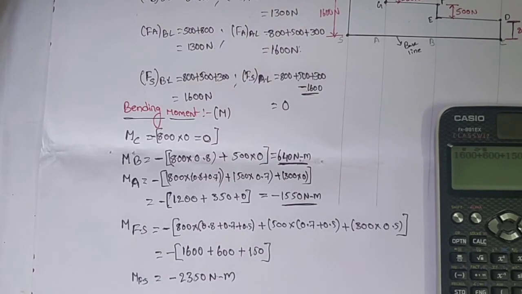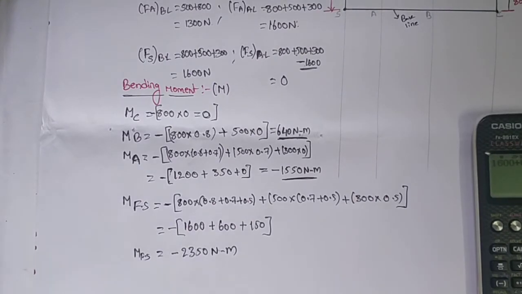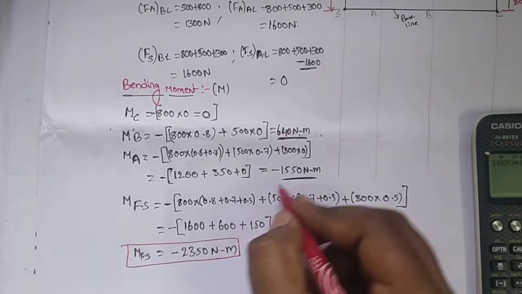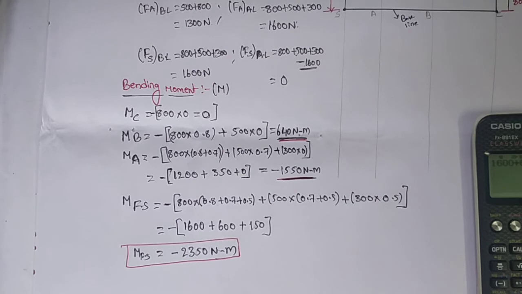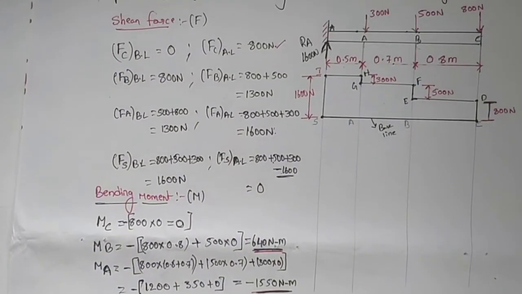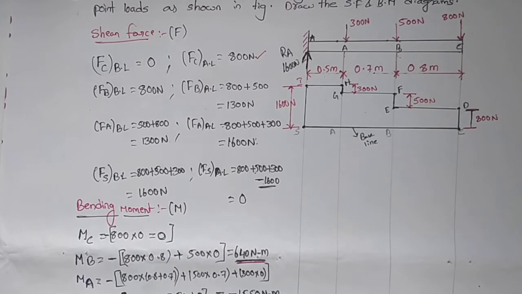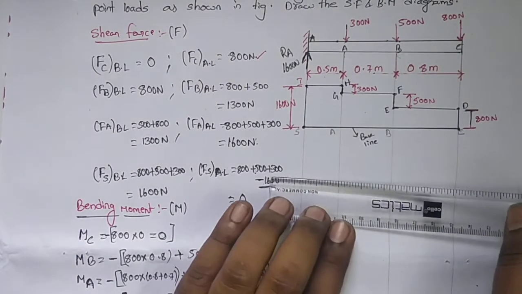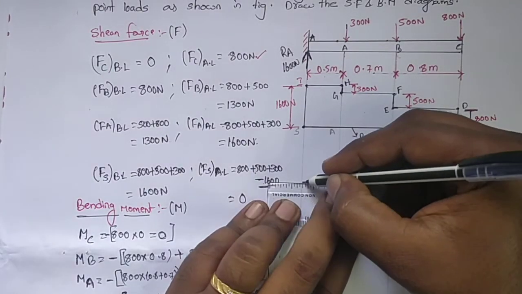Okay, like that, by using this procedure we will calculate the shear force and bending moment at different locations. By using these values we will draw the bending moment diagrams. Similarly, first we need to draw the baseline, that is parallel to the beam.